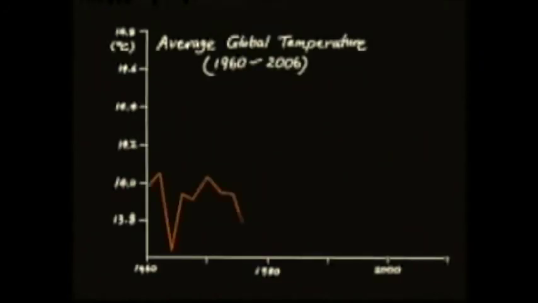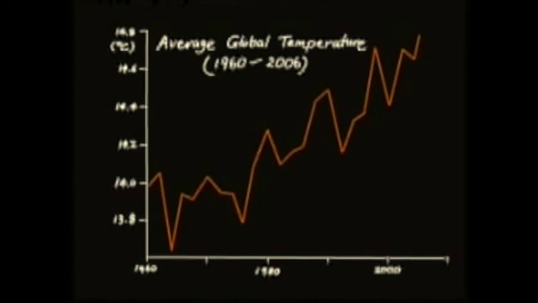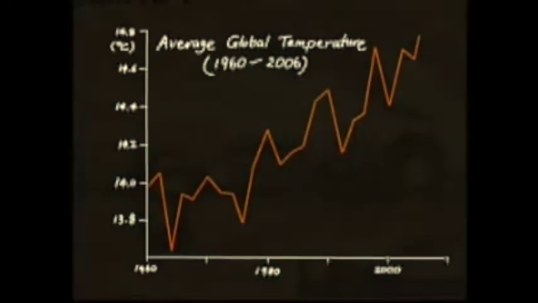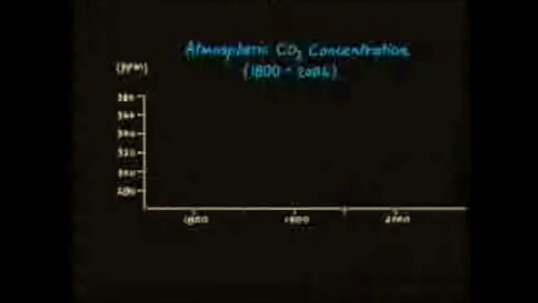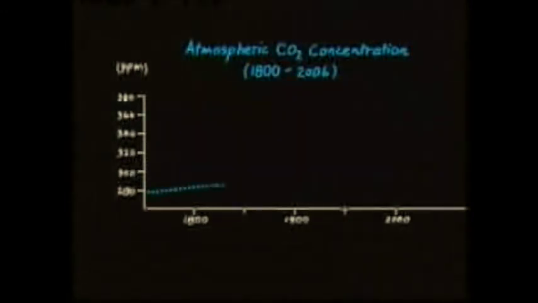Here are the average air temperatures for the same period. We can go back much further in time using indirect measuring methods. Is this dramatic increase due to natural processes or human activity?